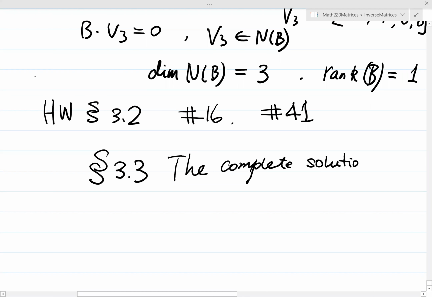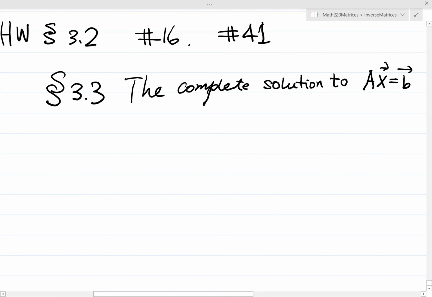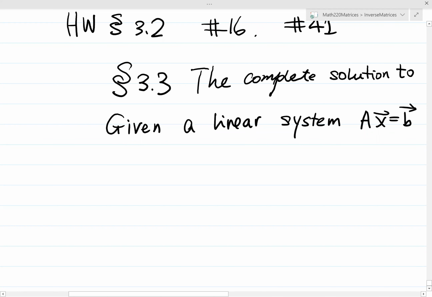To a linear system, Ax equals B. Now x and B are vectors. Now suppose we are given a linear system, Ax equals B, and suppose we have found a solution.